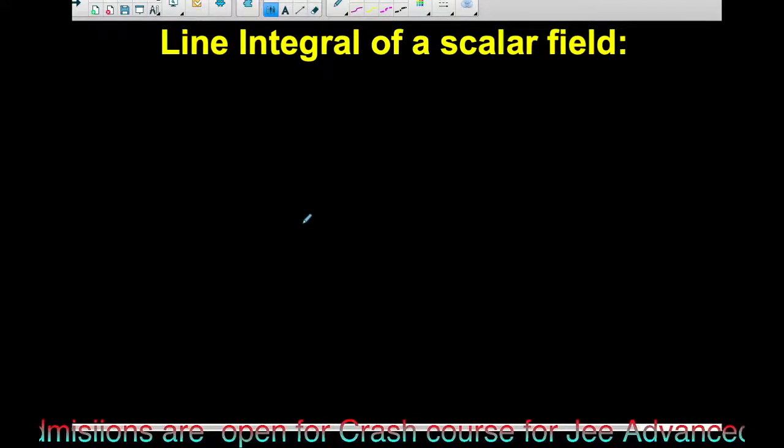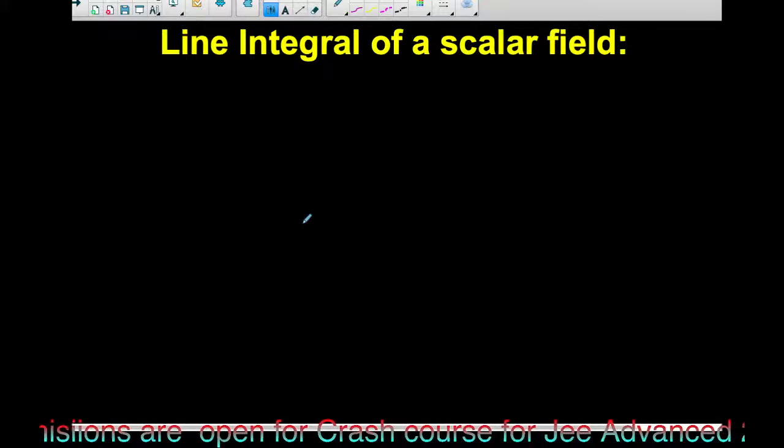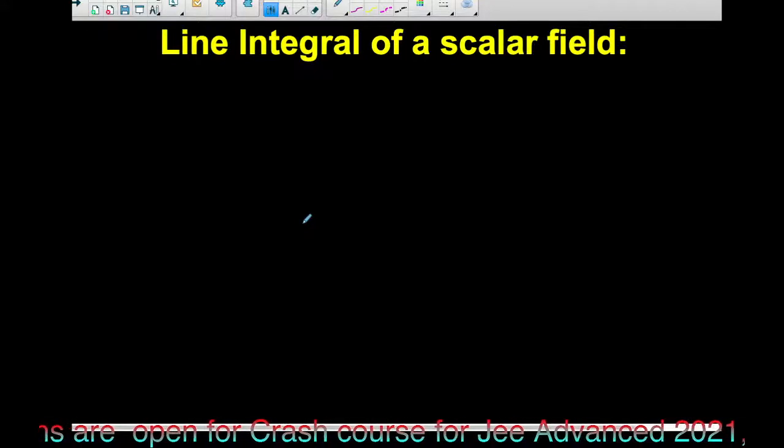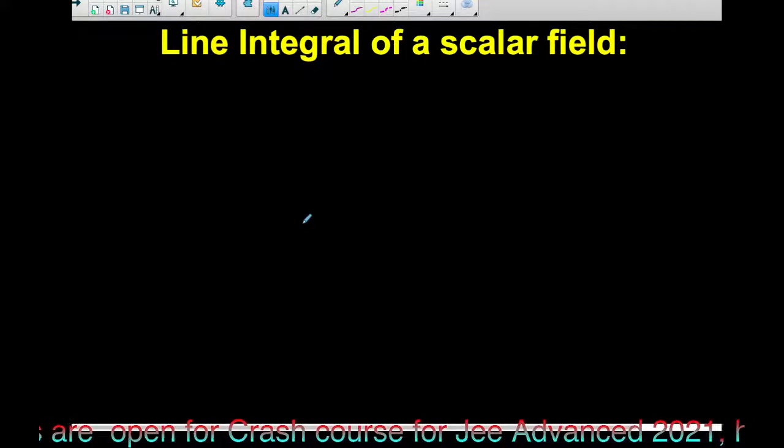After introducing the line integral of a scalar field, we will do one or two problems over here. Then we will go for arc length and do some problems on arc length.